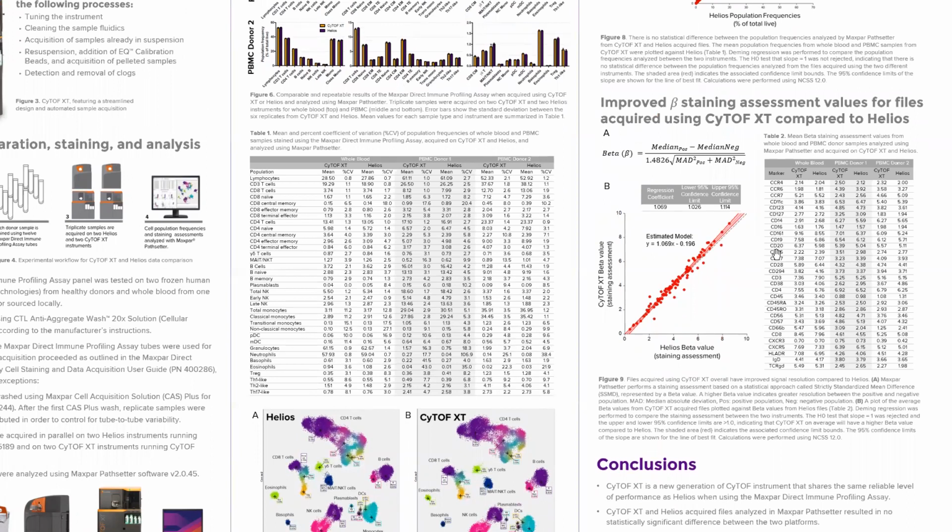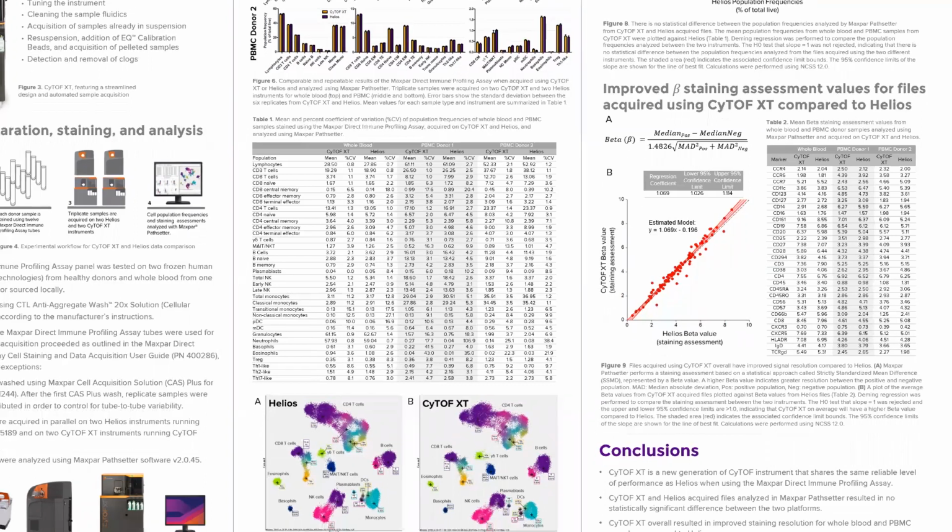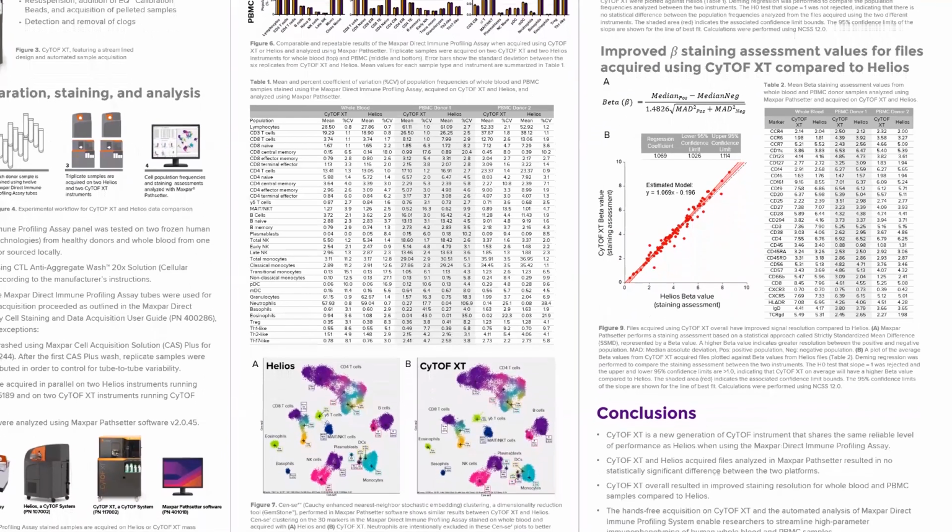Using our automated software analysis for the MDIPA panel, which is the MaxPar PathSetter software, we perform a staining assessment based on a statistical approach called strictly standardized mean difference. This is represented by a beta value.